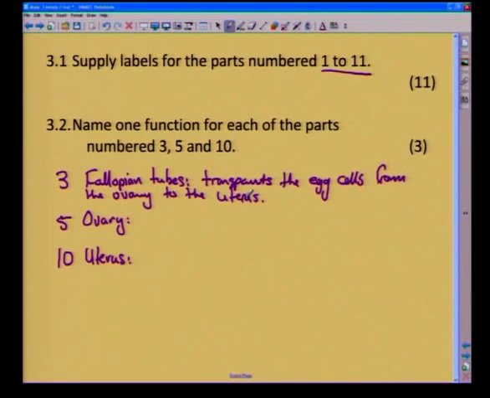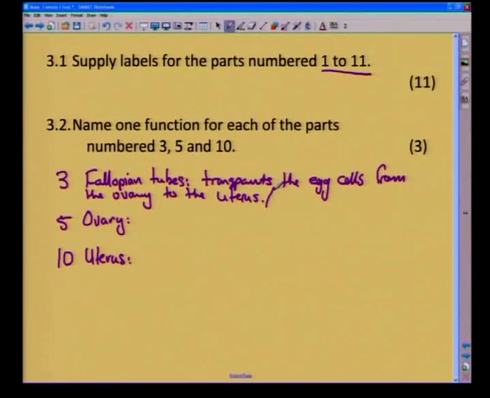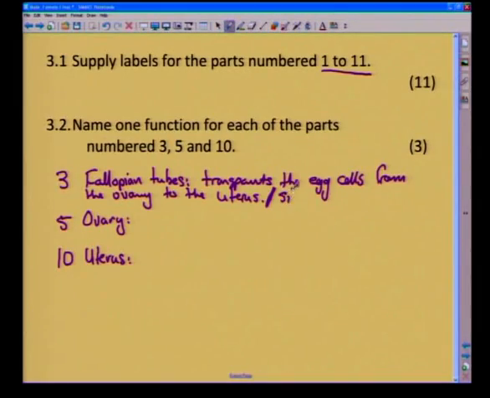You could also have said fertilization takes place inside the fallopian tube because that's a function of the fallopian tube as well. So I think let's put it here. We put a backslash. Don't do this in an exam. Don't give more than one answer if only one answer is required. Okay? But site of fertilization.